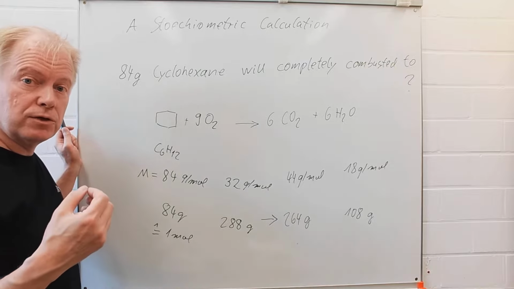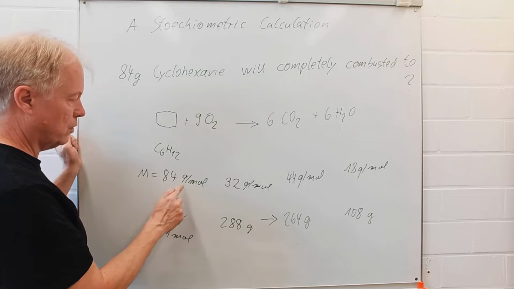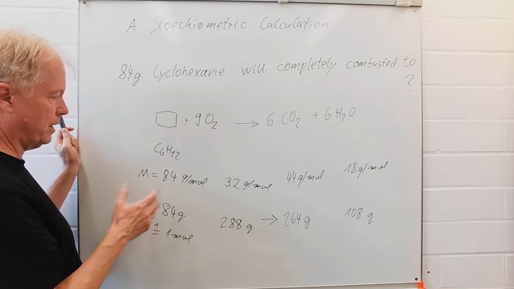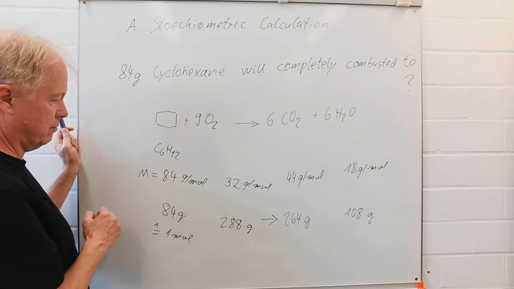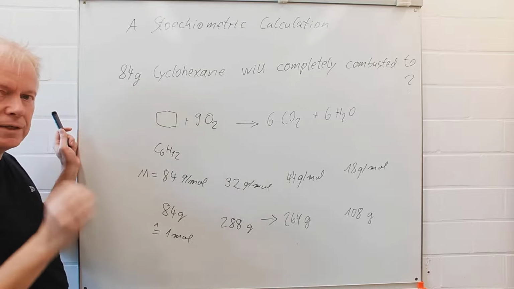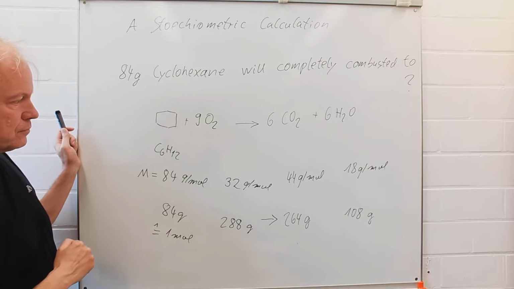Each has the atomic mass of 1, means 84 grams per mole is the molecular mass. Okay, well, here in this case it makes it simple. 84 grams is then 1 mole of cyclohexane.